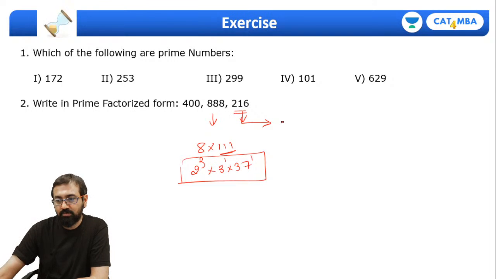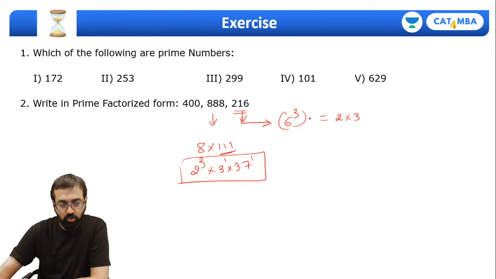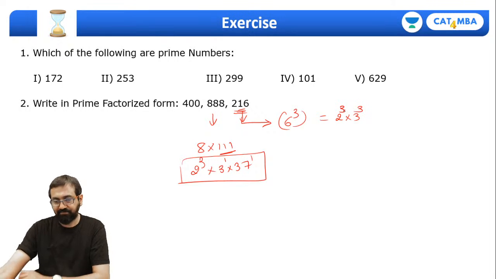Now 216. Why are you not able to send, Rajat? Is there any issue? What is 216? You should know 216 is 6 cube. And 6 is 2 into 3. So 216 is nothing but 2 cube into 3 cube.